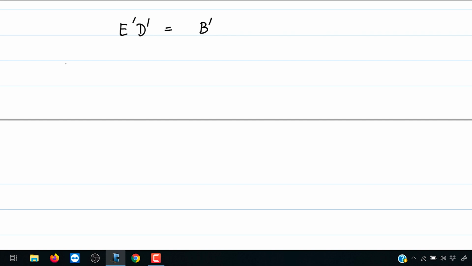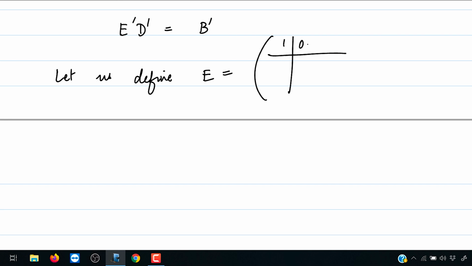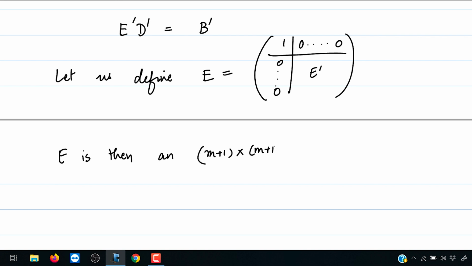So let us define E in a very similar manner. Let's define it to have 1 here, and then E prime here. So notice that E is then an M plus 1 cross M plus 1 matrix.